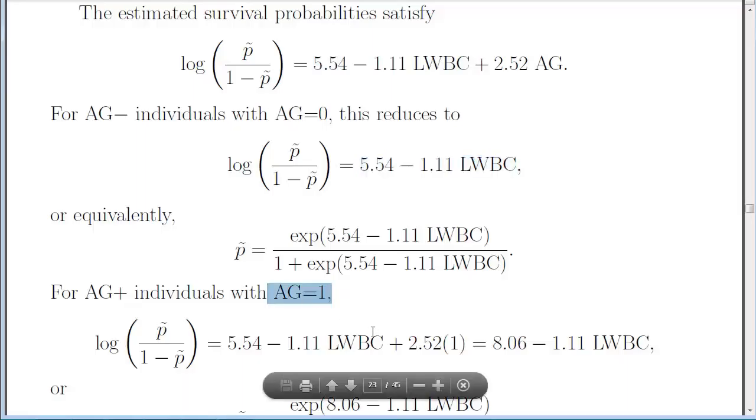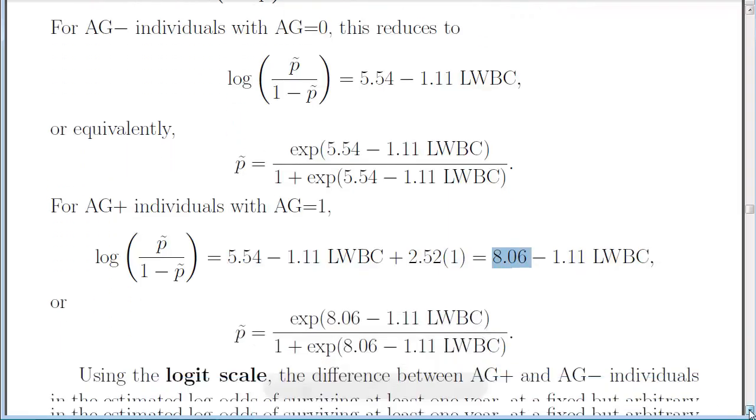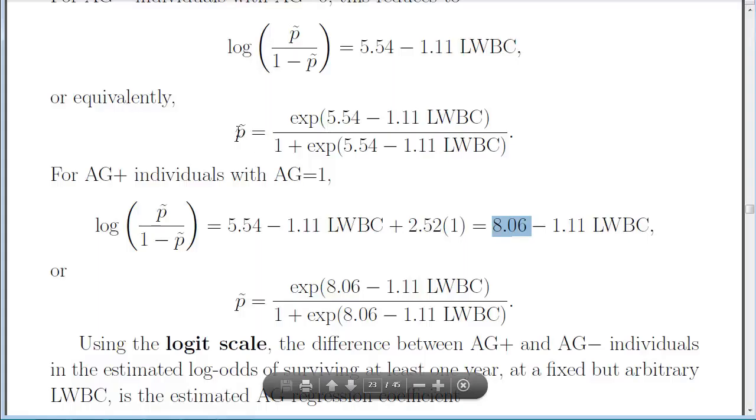For positive people, AG equals 1, and so the 2.52 adds to the intercept, and that's the difference in those regression equations. And when you solve for p, these are the curves that we saw on the previous plot.